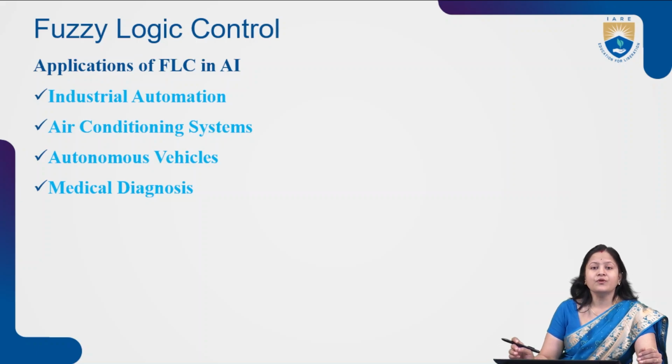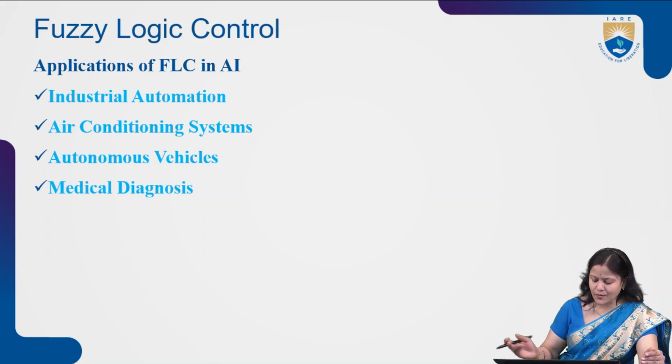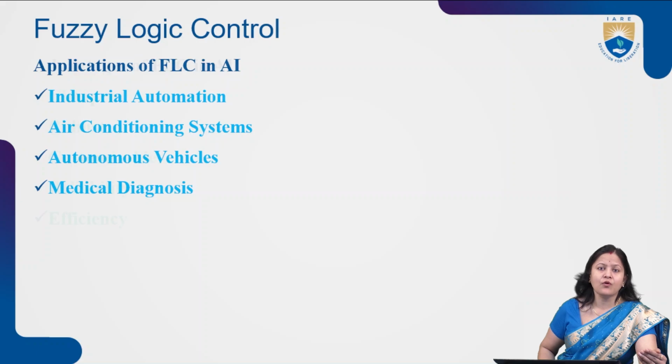It is also used in medical diagnosis. It can suggest some diagnosis for the patient with uncertain prescriptions or uncertain knowledge or uncertain data. So various other applications are there apart from this also.